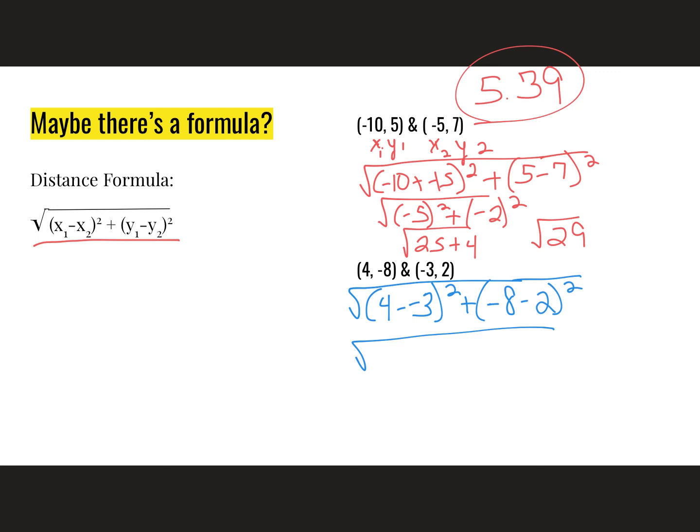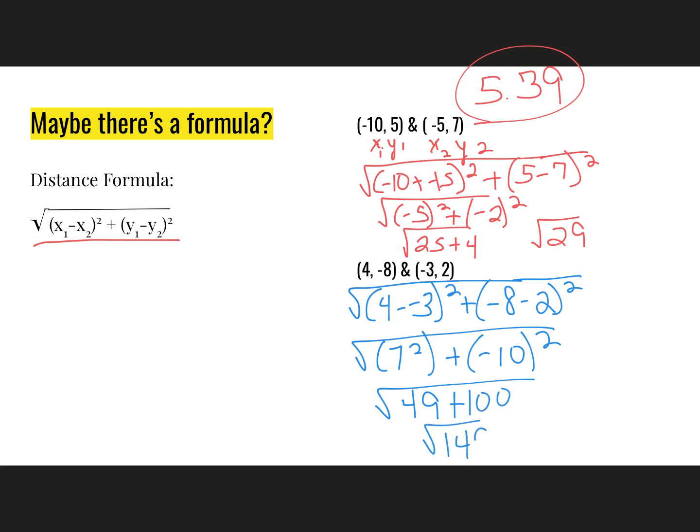So I have the square root of 7 squared plus negative 10 squared. So I have the square root of 49 plus 100, which gives me the square root of 149, which if I put it into my calculator, I get 12.21.